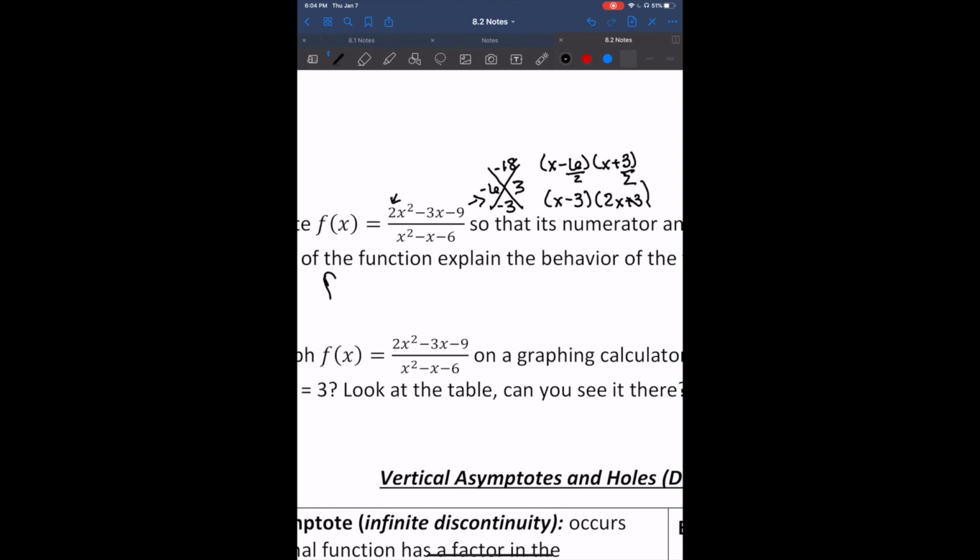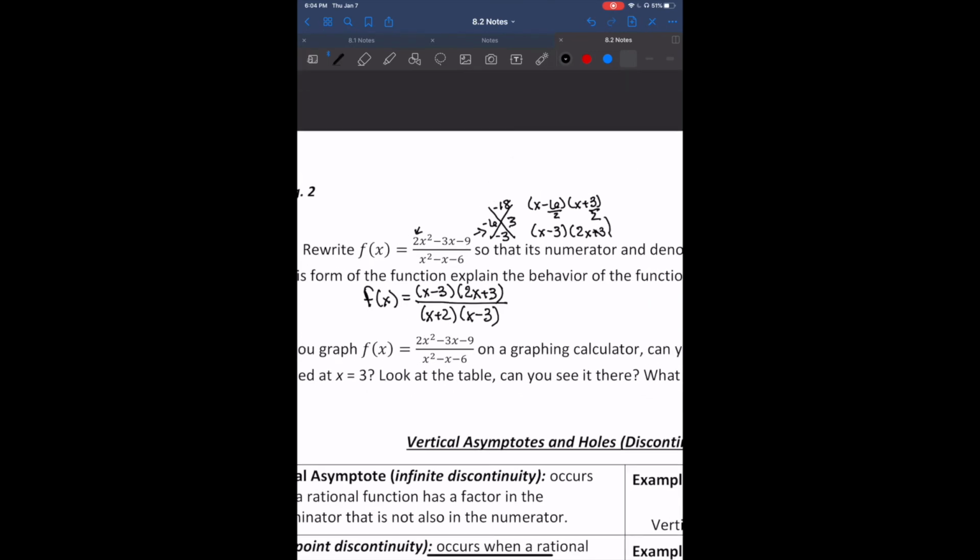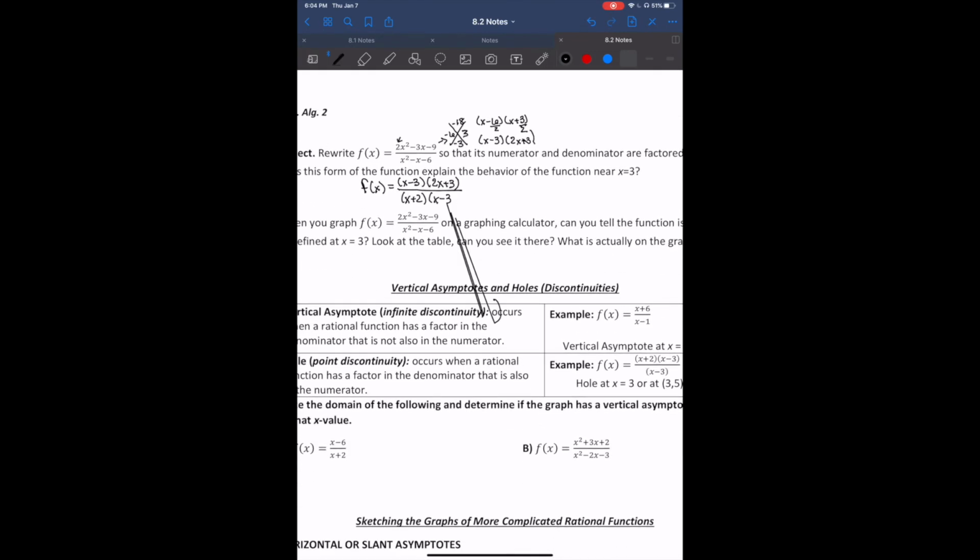Okay, so the factored form of our function is f of x equals (x - 3)(2x + 3) divided by (x + 2)(x - 3). Okay, and then it's asking us, can the behavior of the function be explained when you see it in factored form?